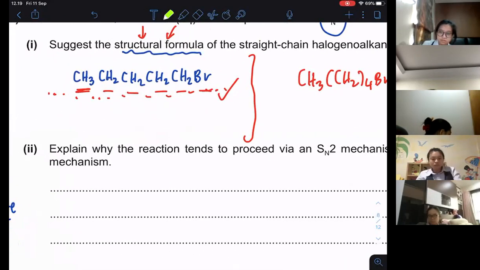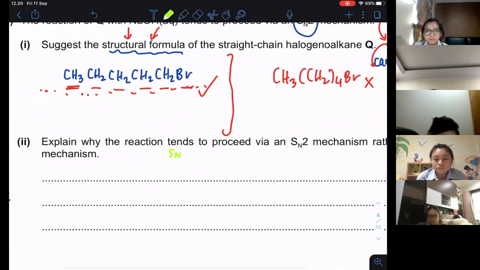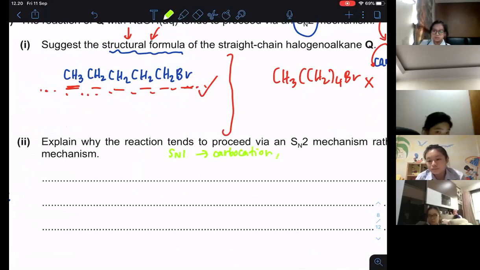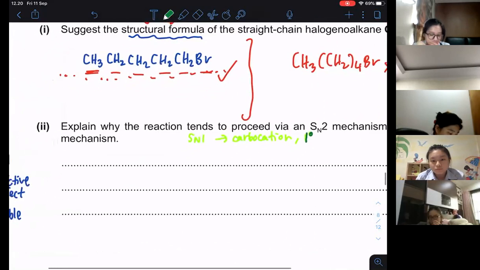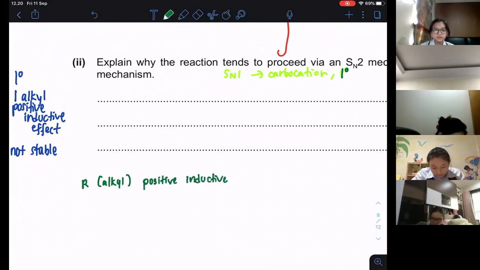Now, if you proceed with SN1, it means the production of a carbocation. If they go SN1, then they will need to form a carbocation, and they will form a primary carbocation. Primary carbocations are not stable. Why? Whenever the R group is an alkyl group, these alkyl groups have what we call a positive inductive effect. I have mentioned this in the previous lesson as well.